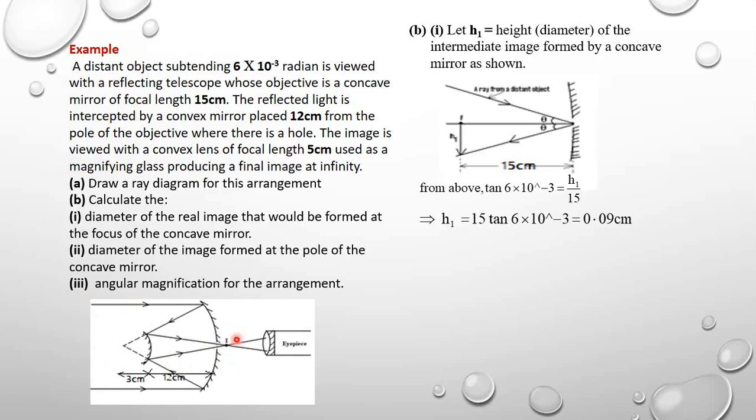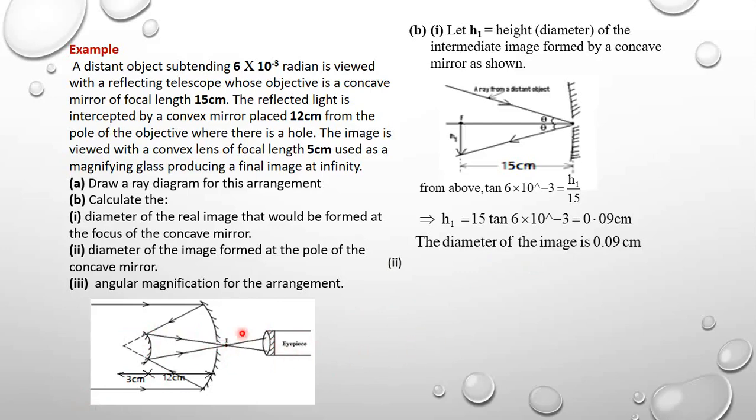So we're going to consider the action of the convex mirror. First of all, when you consider the magnification, we are going to let the height of the image formed by this convex mirror be h2.